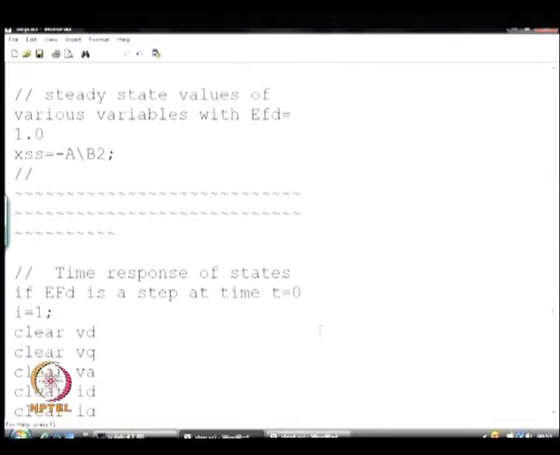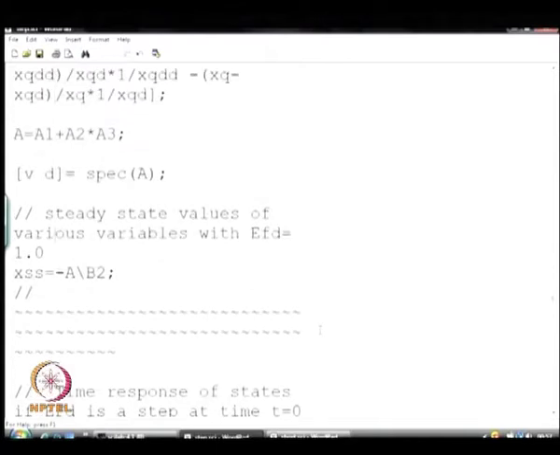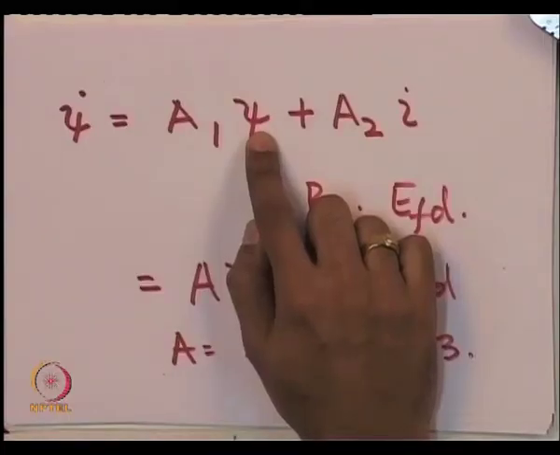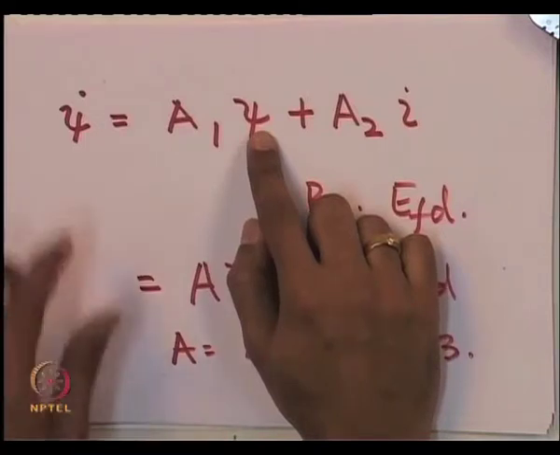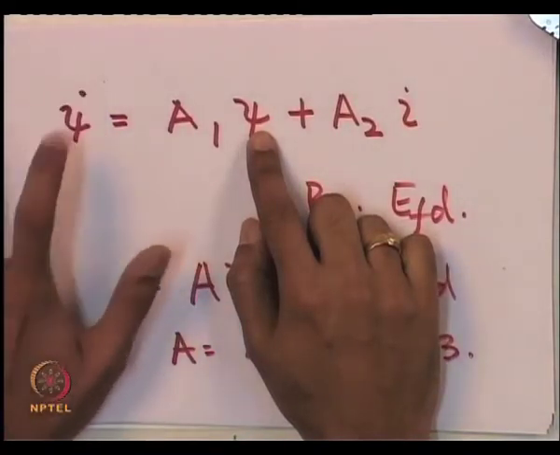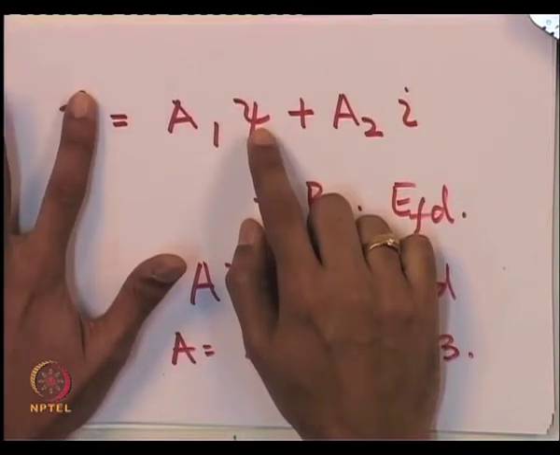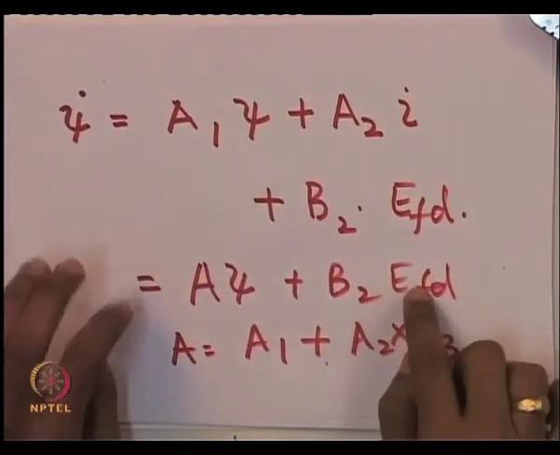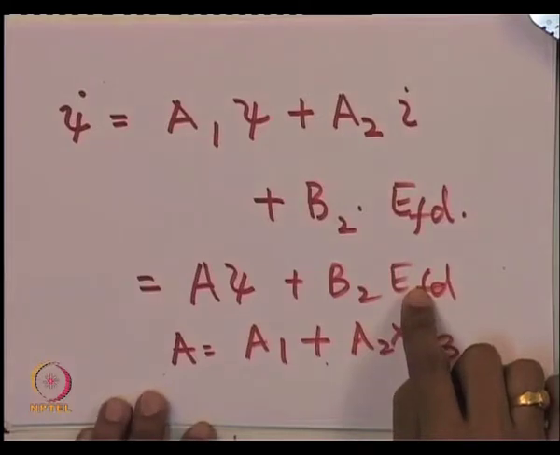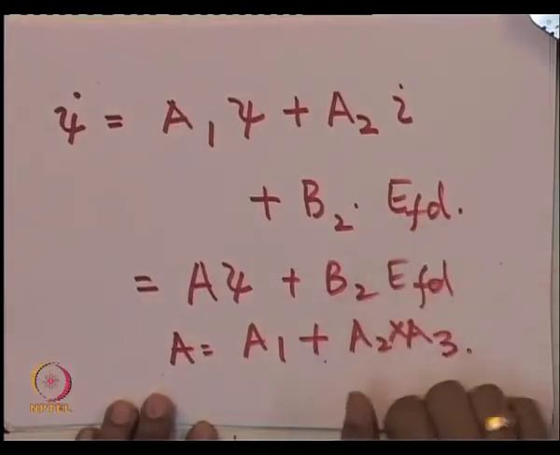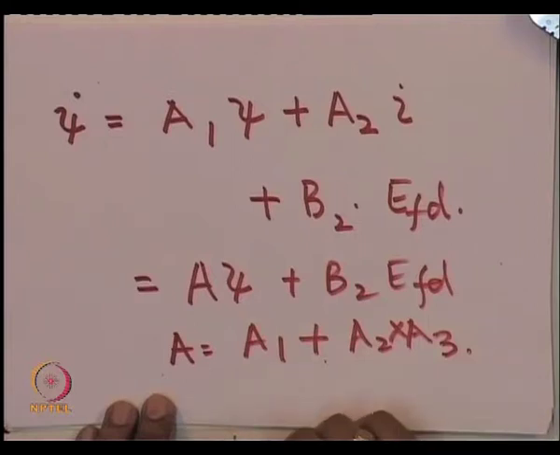So, in fact, we can also compute the steady state. If I want to know the steady state value of fluxes after the step has been given and we wait for long enough time, you can set psi dot equal to 0 and get psi in terms of E f d. Okay. So, let us assume that the voltage which is applied at the field is such that E f d eventually is 1 per unit.